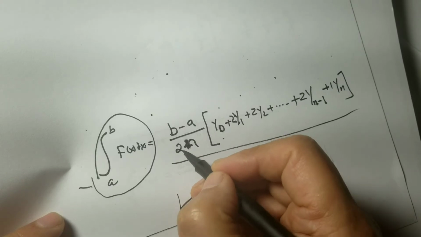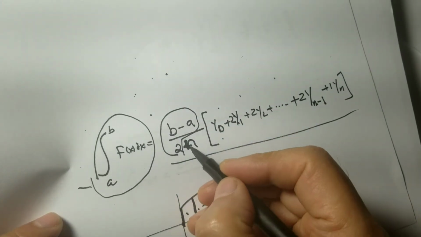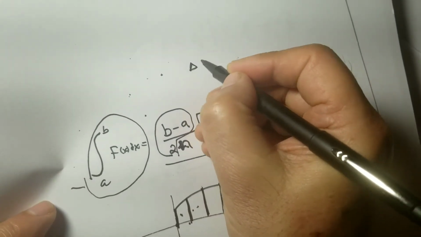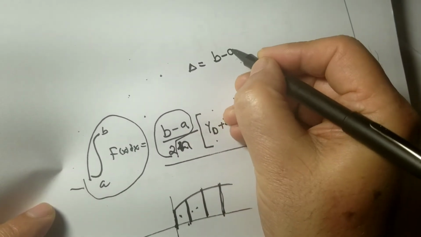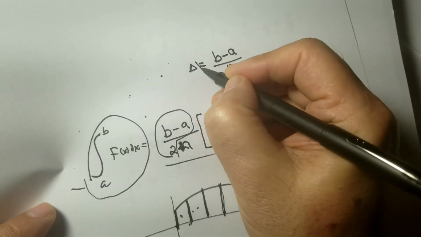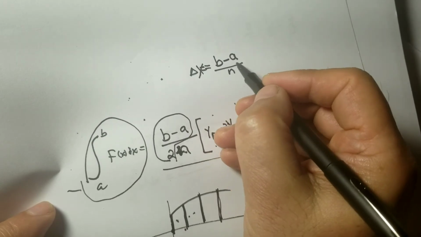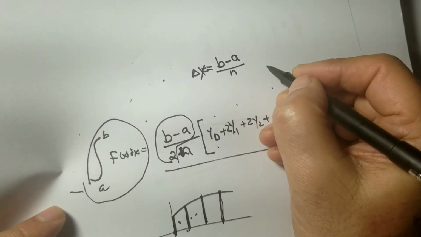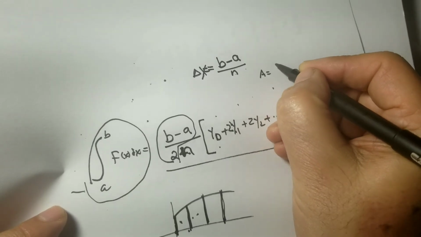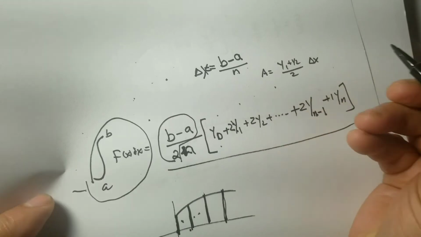That 2 was for the base, but I have to divide it with my what? My delta x is b minus a over n. That's only my delta x. I made a mistake here. But the formula for the area was y1 plus y2 over 2 times delta x.